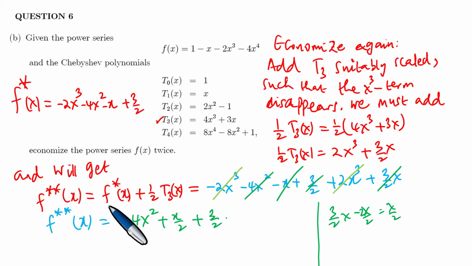At this point, we have to economize the power series twice. And this is what we have done.